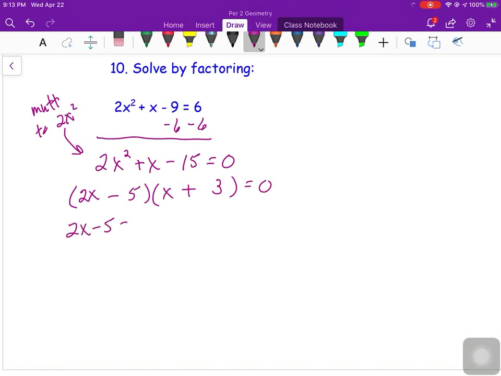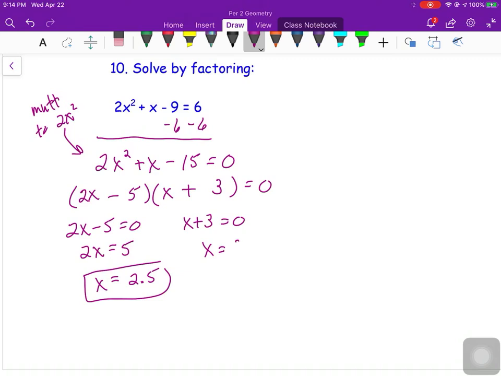We set each of those factors equal to 0. This one we'll add 5 and divide by 2. The other one will just subtract 3. A little bit harder factoring, but again, you learned this in Algebra 1, so this is review.